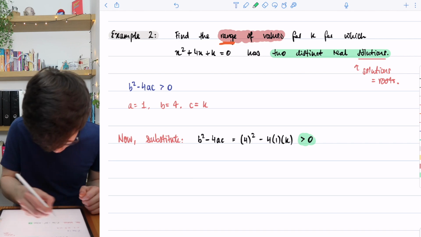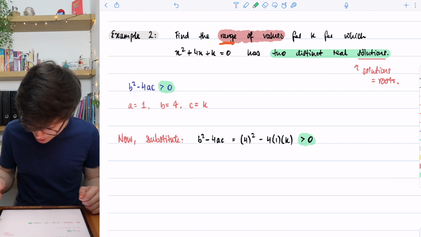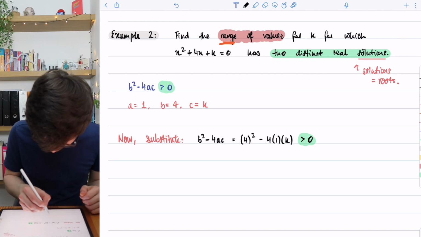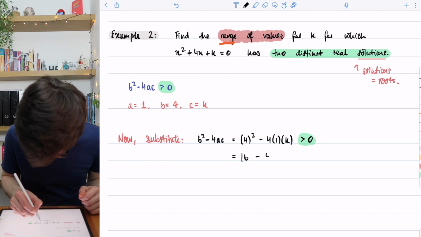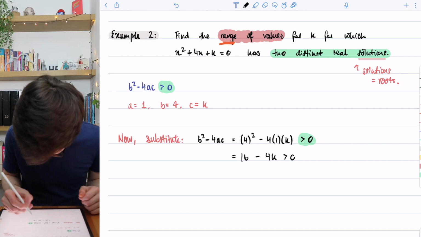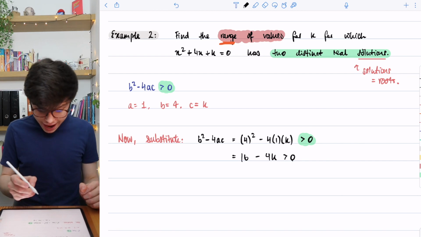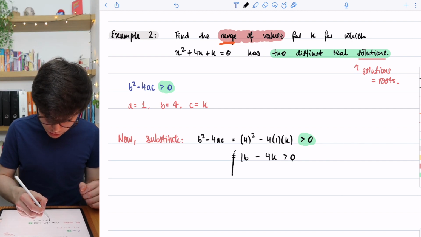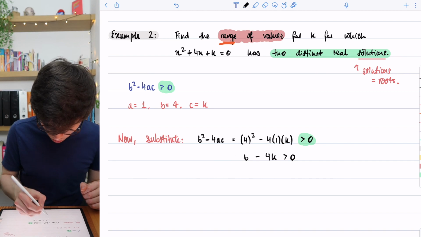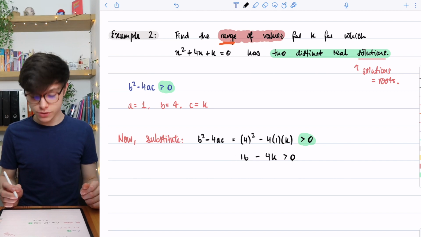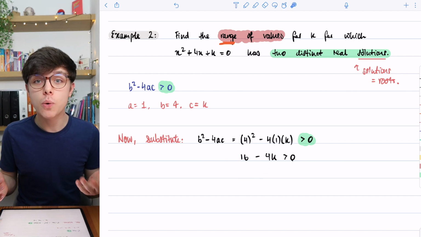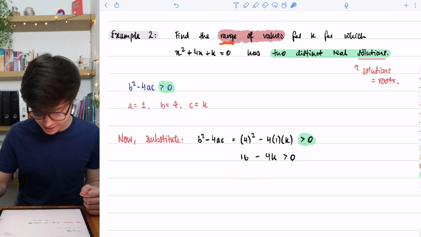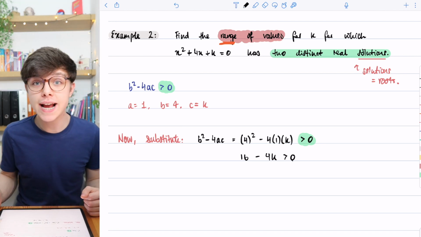So that is 16 minus 4k is greater than 0. If we get rid of that equals sign so it doesn't confuse you, that is just a normal inequality that we've been able to solve for years. We just need to solve it like a normal equation.